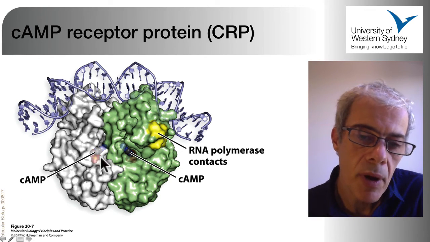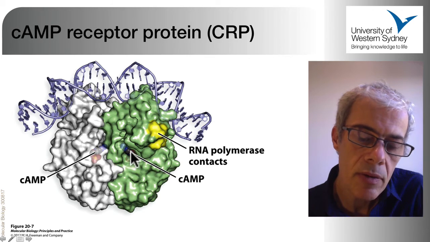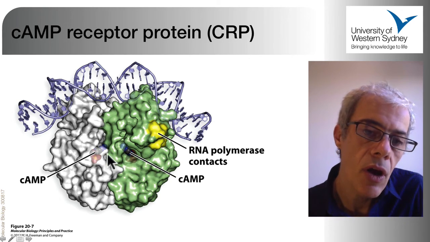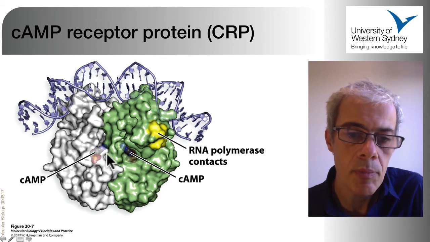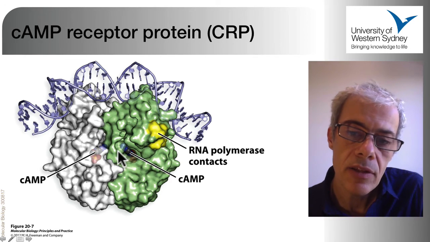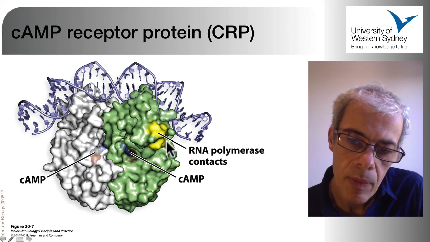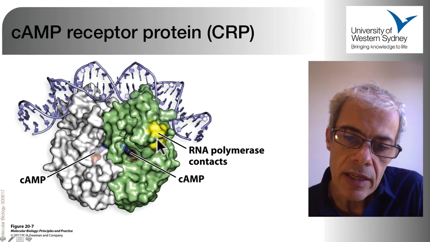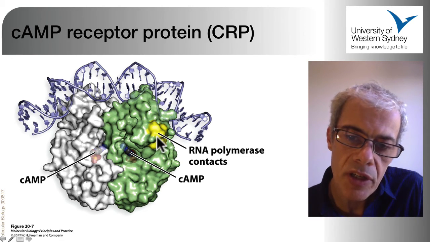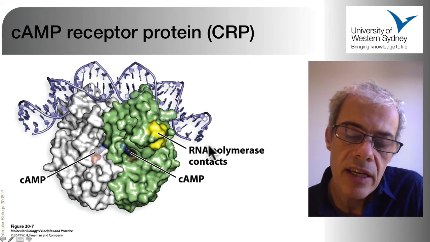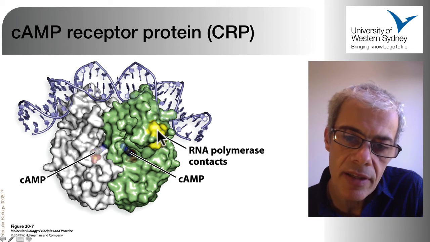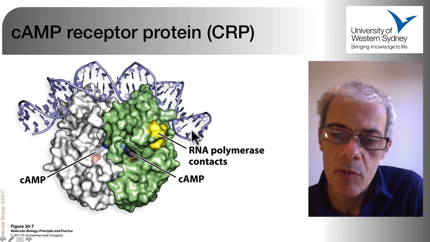It's got two binding sites for cyclic AMP, one in each of the proteins of the dimer. And it's also got another region of the protein that binds and encourages the RNA polymerase to bind more strongly to the promoter.